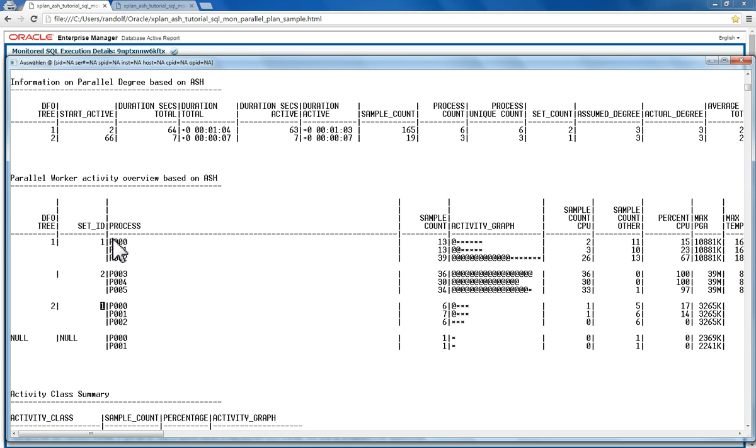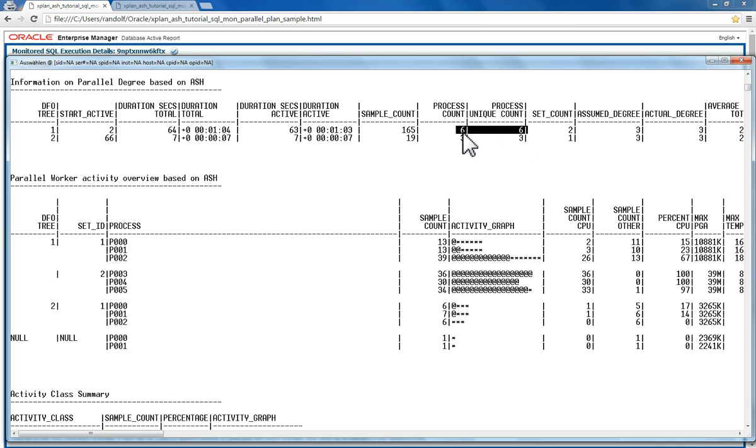So this information here is again based on the active session history samples, which also means that if these processes were not sampled at least once in the active session history, then they simply won't show up. So it can happen that you do not see all of the processes involved in this overview. In principle, it corresponds to the processes found here in the overview.